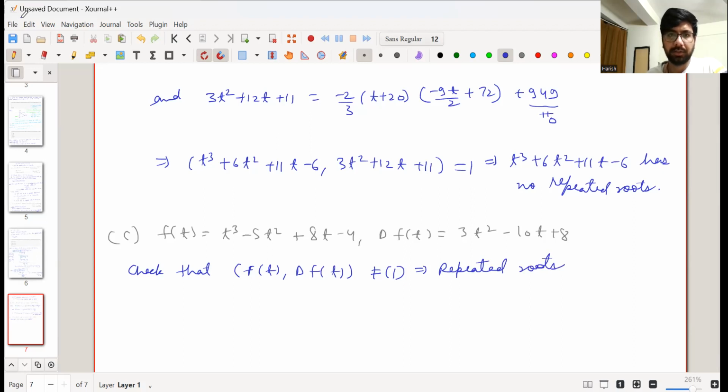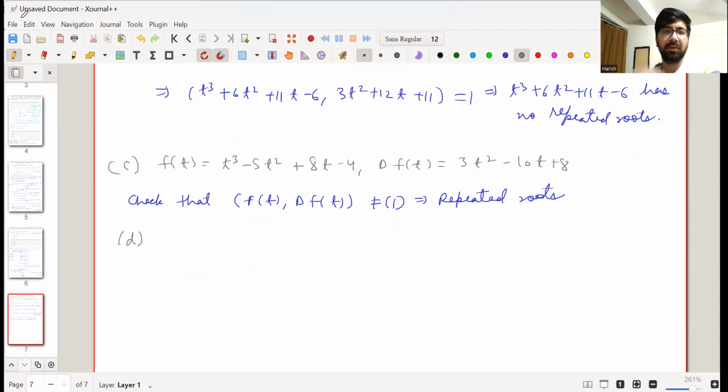And in the D part f(t) is t cube minus t square minus 2t plus 2, and df(t) will be nothing but 3t square minus 2t minus 2.